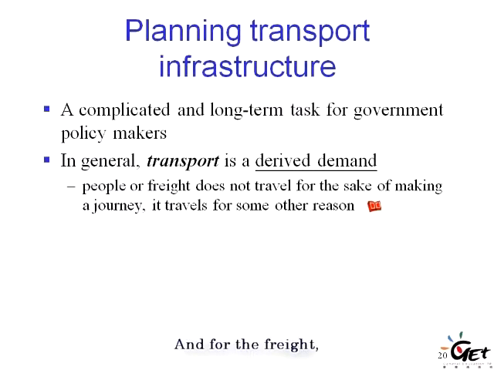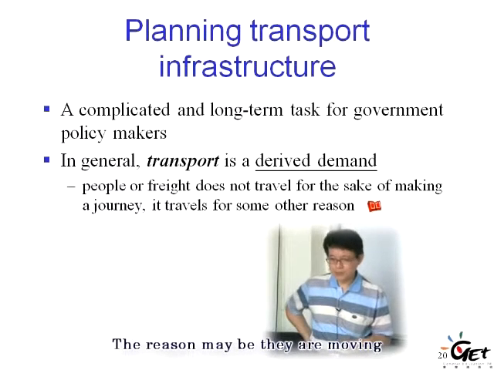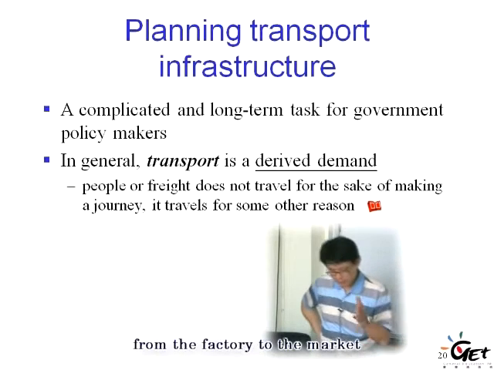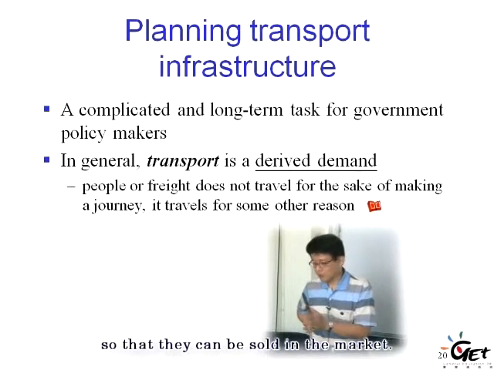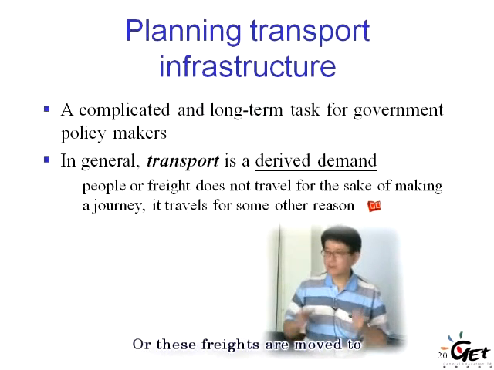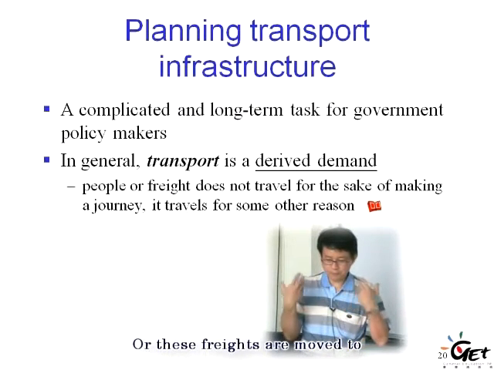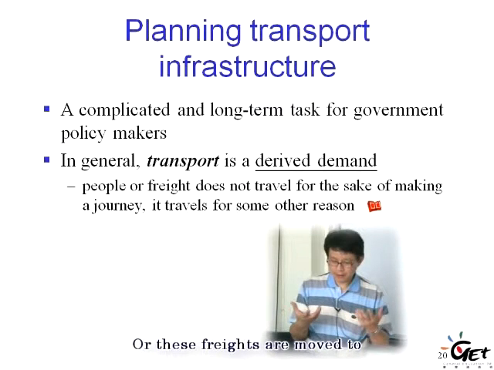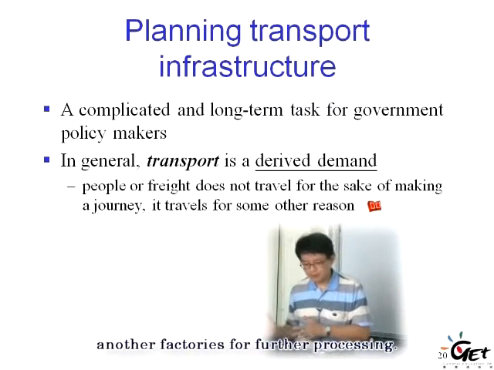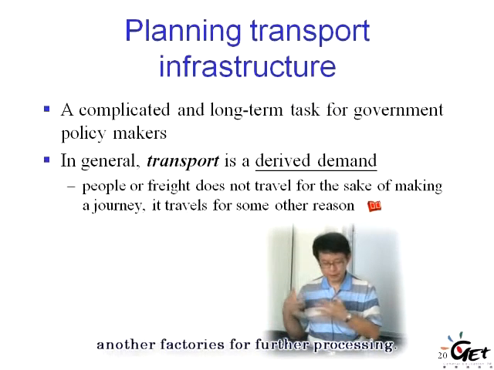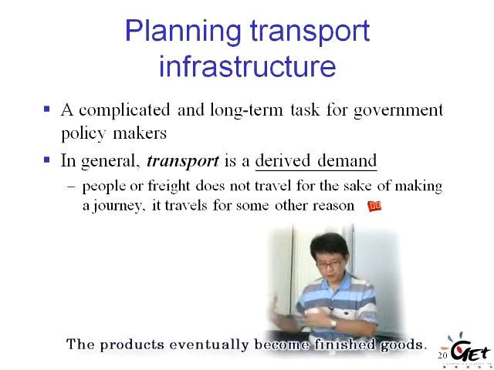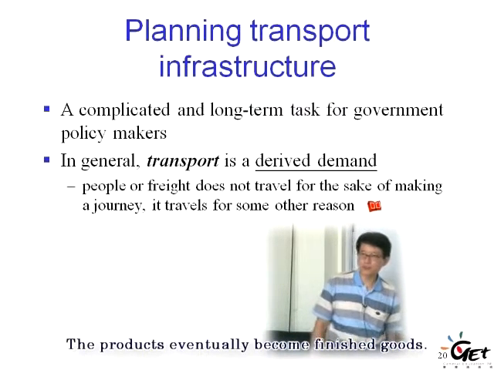And for freight, it travels from one place to another. The reason may be that it is moving from the factory to the market, so that it can be sold in the market. Or this freight is moved to other factories for further processing, so that eventually it becomes finished goods, right?